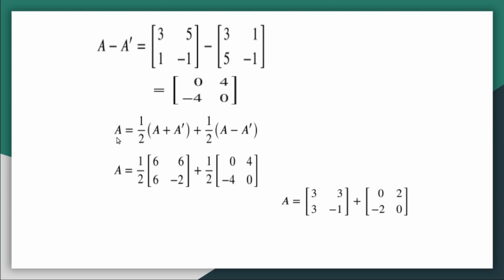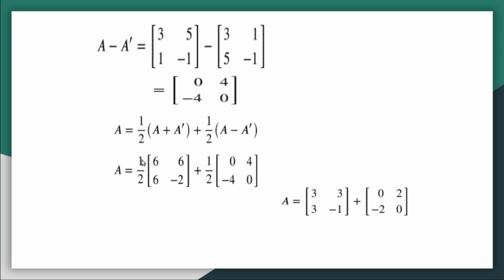Now we have to write A as half into (A plus A transpose) plus half into (A minus A transpose). This part is symmetric and the second part is a skew symmetric matrix. So half into matrix 6 6 6 minus 2 plus half into matrix 0 4 minus 4 0.